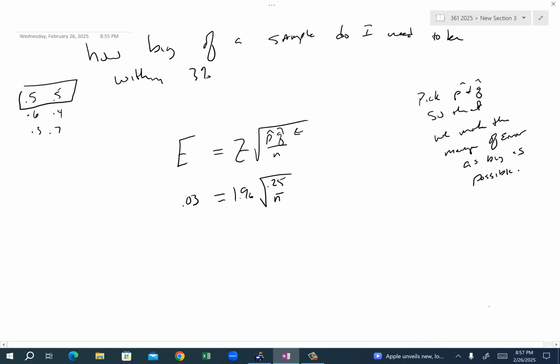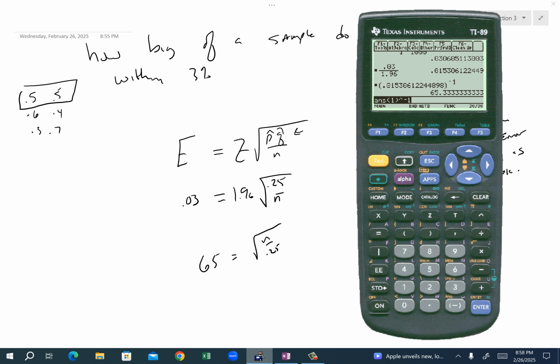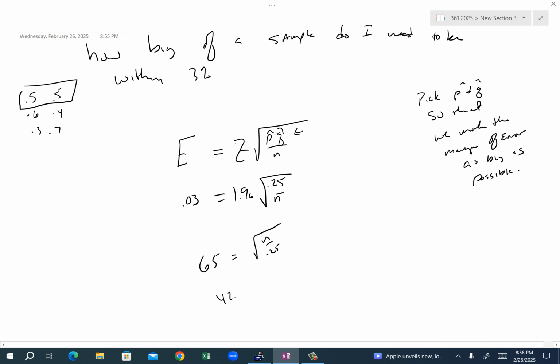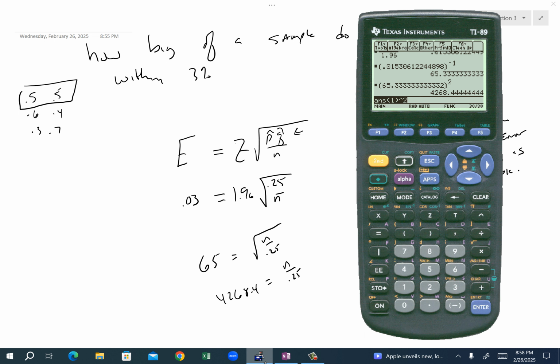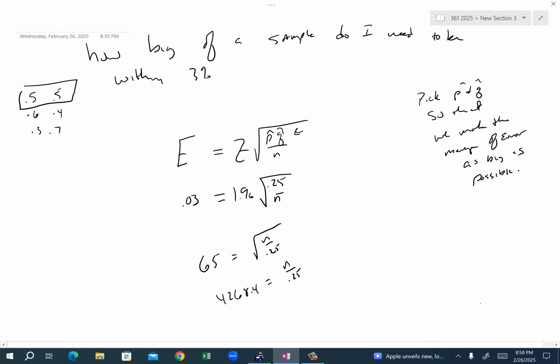I get 65 is equal to the square root of n over 0.25 as I flip both sides over. Hey, let's square both sides. All right, squared. That's hot. And so you get 4268.4 is equal to n over 0.25. And if you times by 0.25 to both sides, you will find that you need to sample at least 1,067 people to pull this off.